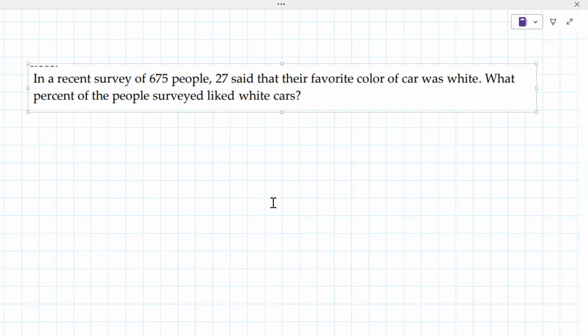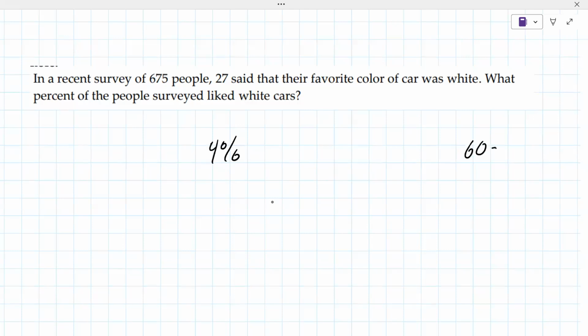What percent of the people surveyed liked white cars? 4% of the people. Now, the national average, by the way, is that about 60 to 70% of cars on the road actually are white, which is why you see so many of them. That's just the way the numbers work out.